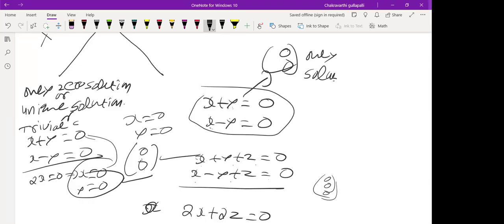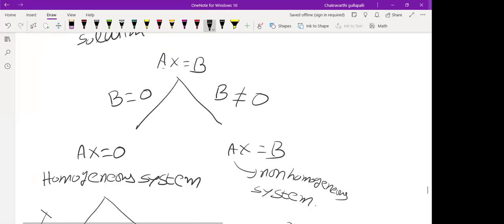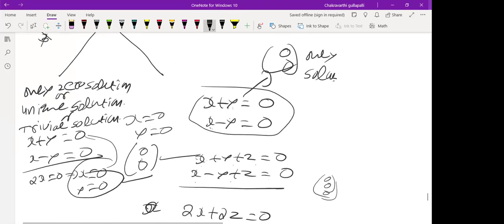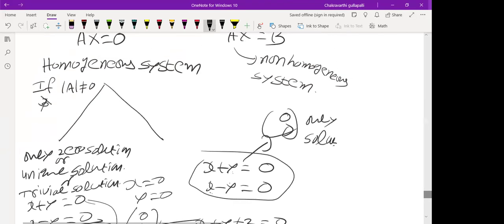What is meant by trivial? The 0 solution. When are you going to get that? If the determinant of A is not 0, or in other words, the rank of A is equal to n.